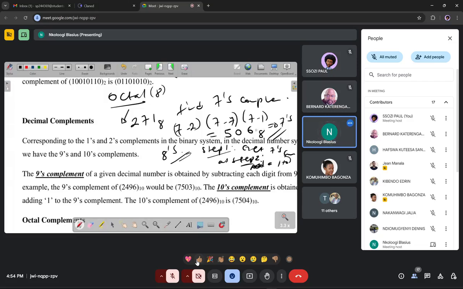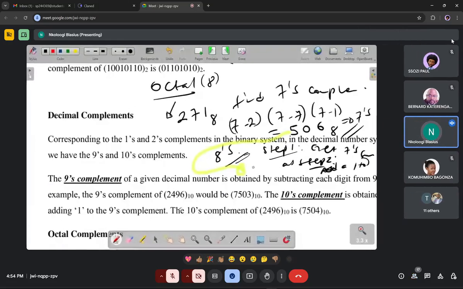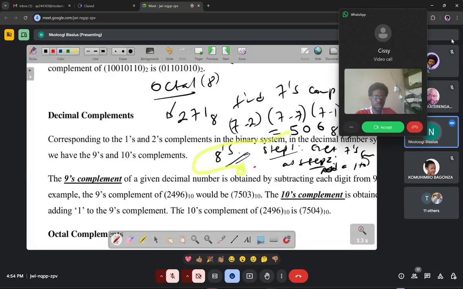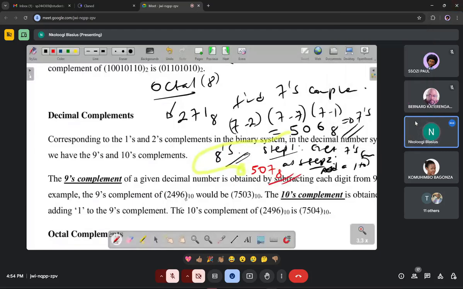So in this case, I already have this one as my sevens complement, 506, it means that the eights complement would be what? Just adding a 1. So that would be 507 in base 8. This would be my what? Eights complement.